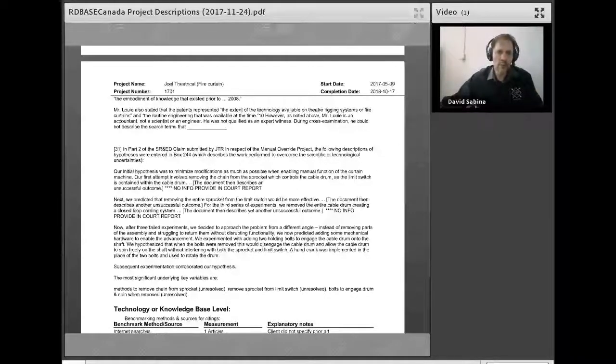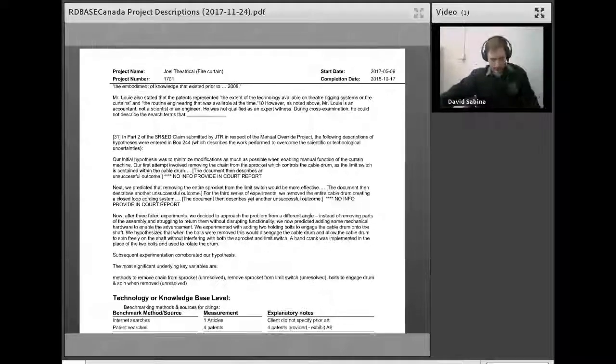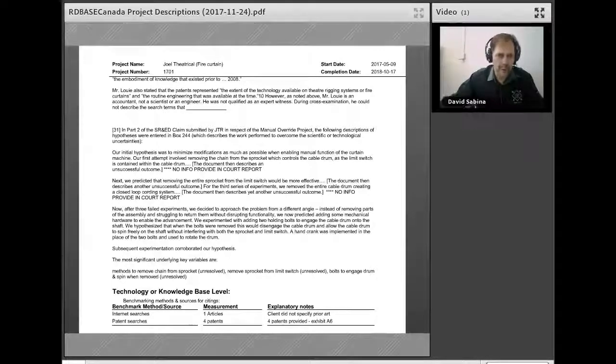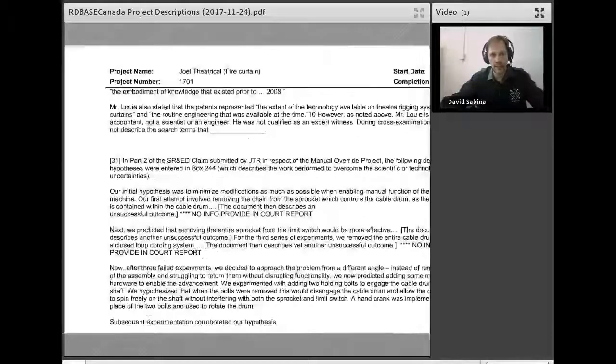So in response, we went forward and said, okay, well, let's look at what the description was of the hypothesis, and then what the corresponding issues were with the CRA in perhaps denying the claim and the tax court in supporting this position.